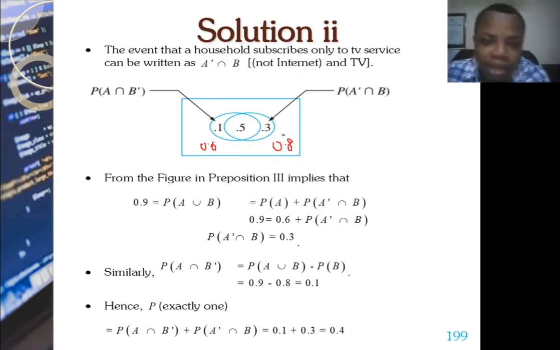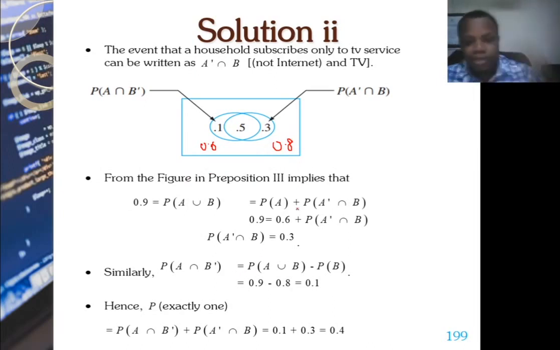Now remember that 0.8 refers to everything of B, and 0.6 refers to everything of A. If we subtract our intersection from these, we get 0.1 and 0.3. So to estimate the probability that a household gets only one of these services, we have to calculate the probability of that.